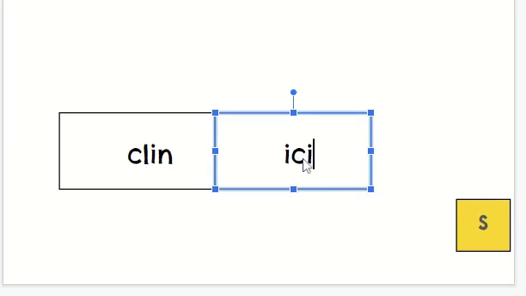Clinic. Repeat. Clin. Ick. Clinic. You'll know that some words that end in ick end with an IC, like panic, tonic, clonic, clinic.